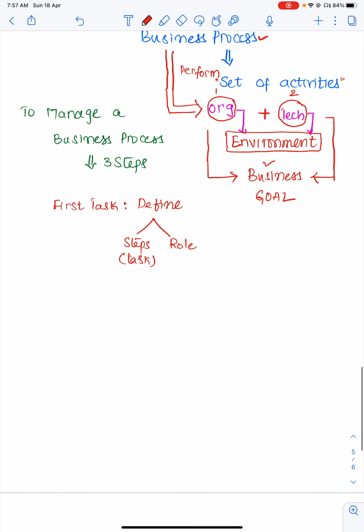So in managing a business process, how many steps do we have? We have three steps. What is the first task? Define. What is the second task? The second task is performance measure.